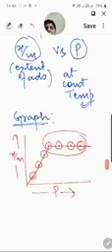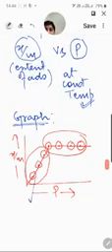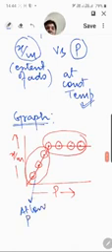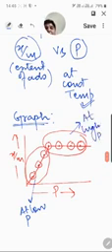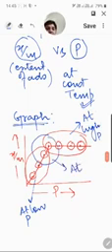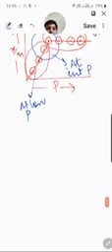This whole graph get divided into three parts. First one is, what is that? At low pressure. I will discuss it later on. Second is at high pressure, and last one is at intermediate pressure. Okay, I'm going to explain the graph.